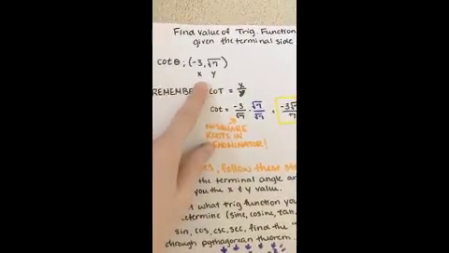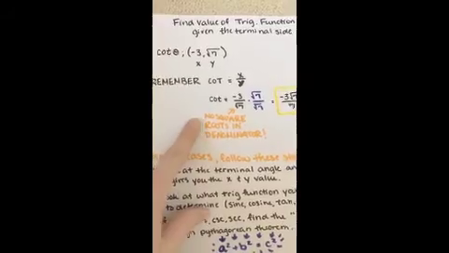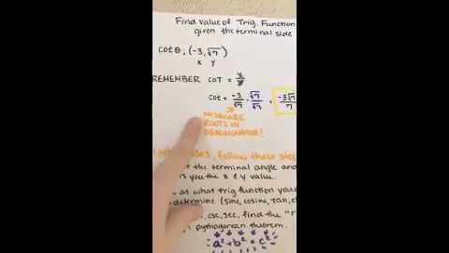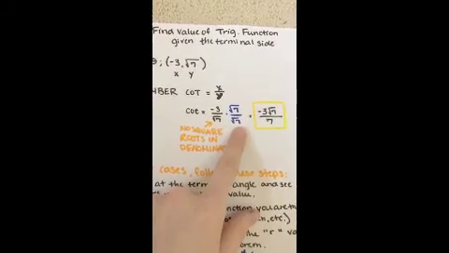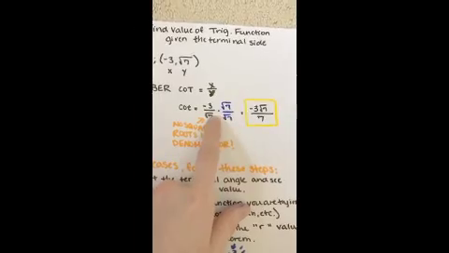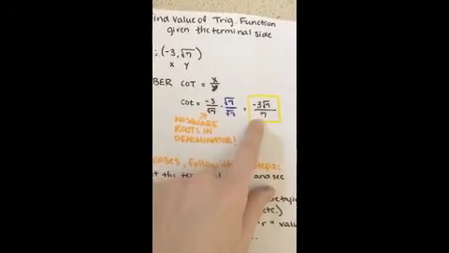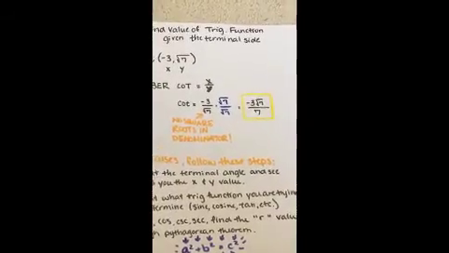So x is negative 3 and y is square root of 7, but we cannot have a square root in the denominator, as you can see by this little note. So we have to multiply the top and the bottom by square root of 7. This ultimately will cancel out the square root and just leave it with 7. And then the top will be negative 3 square root of 7.